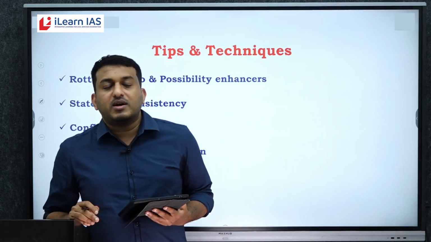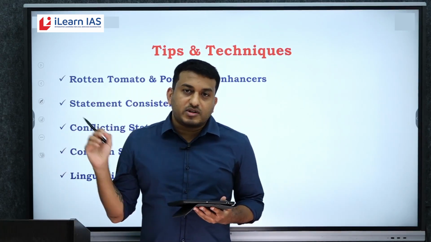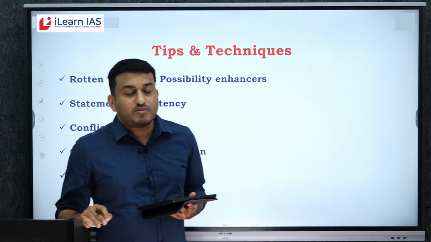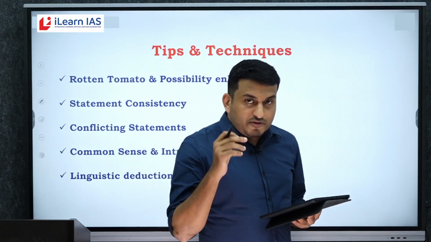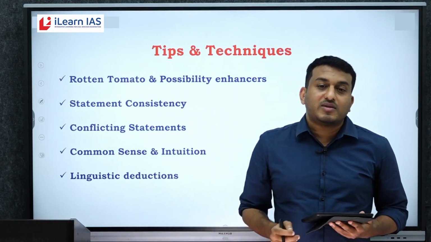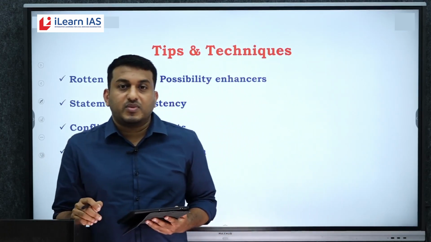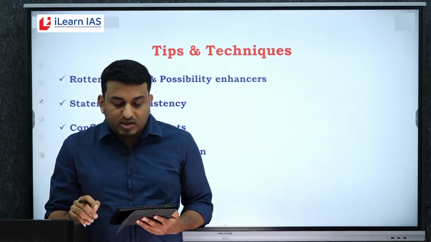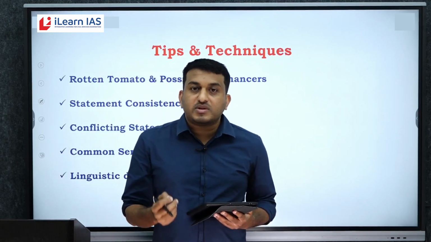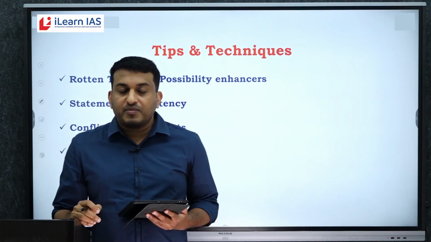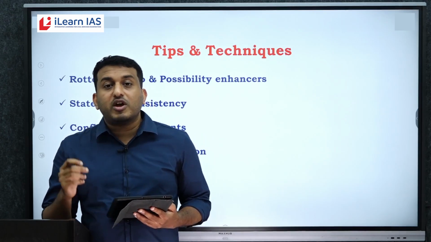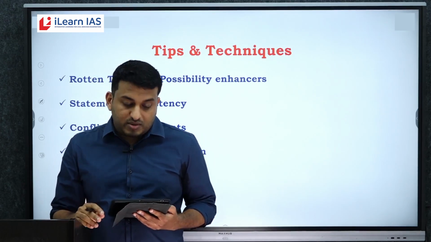Now before getting into the first technique, rotten tomato and possibility enhancer, the first and foremost thing you need to understand is to make an intelligent guess. To make an intelligent guess, you need to observe the examiner and the examiner's way of thinking. That is very important.